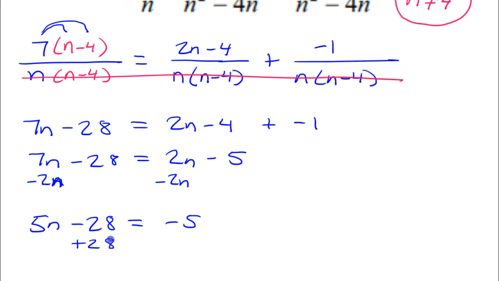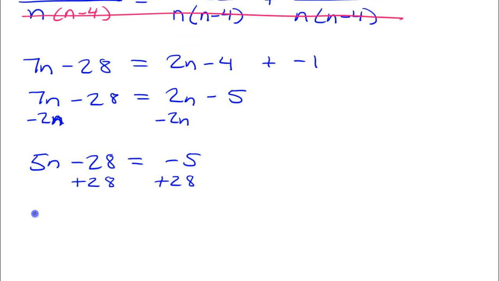Let's add 28 to both sides. So I've got 5n equals 23. Yep. And so then when I divide both sides by 5, I get n equals 23/5.